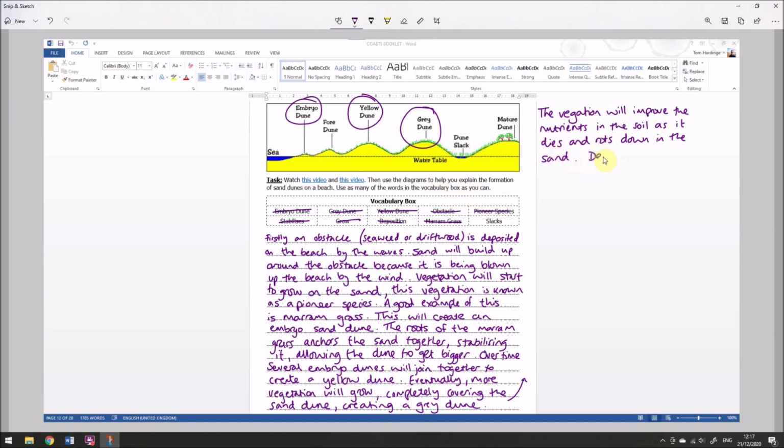So we can write that depressions, and we're going to put in brackets, slacks, form between the dunes. And we can see with this one that sometimes they fill with water to create little ponds.